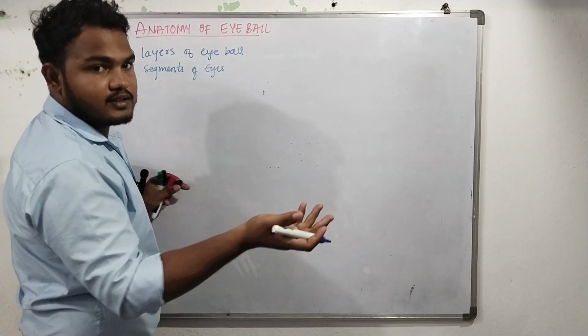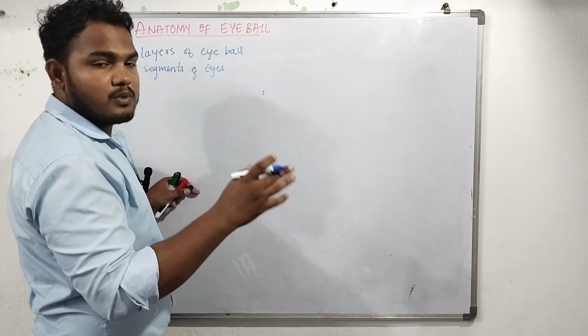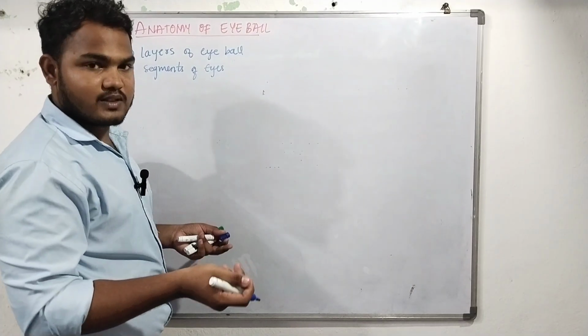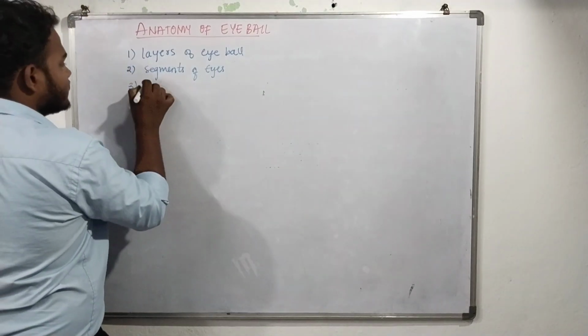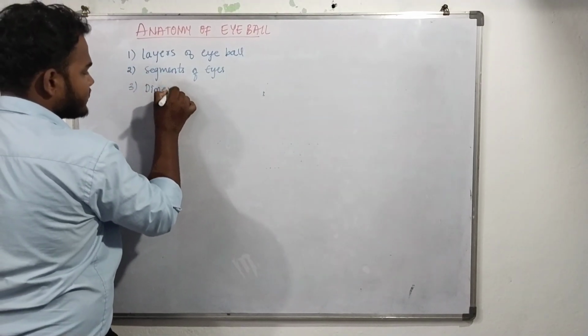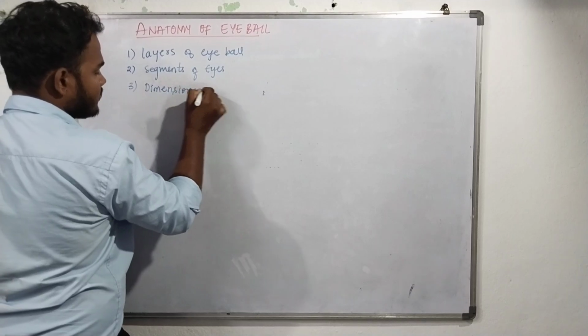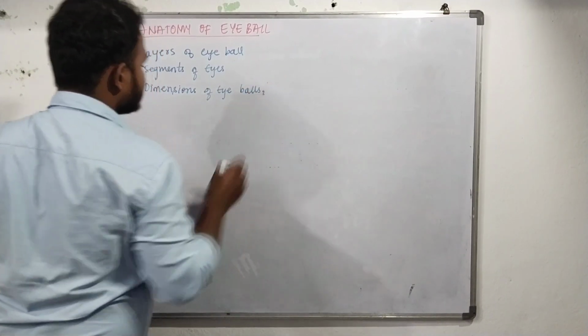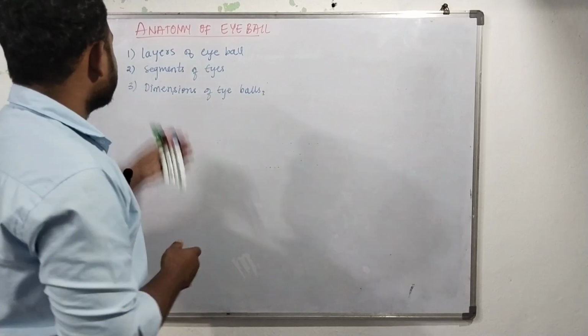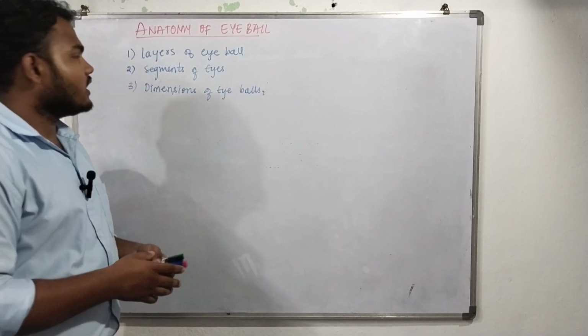It means the anterior chamber, posterior chamber, where the vitreous humor is present, aqueous humor is present, all these things. Okay. Next, third, dimensions of the eyeball. Okay, these things we will learn in the anatomy of the eyeball.